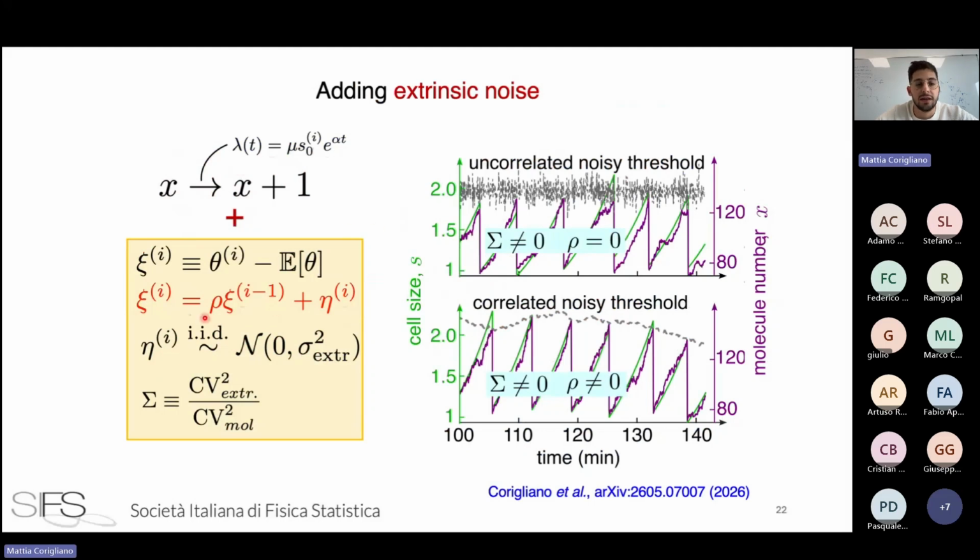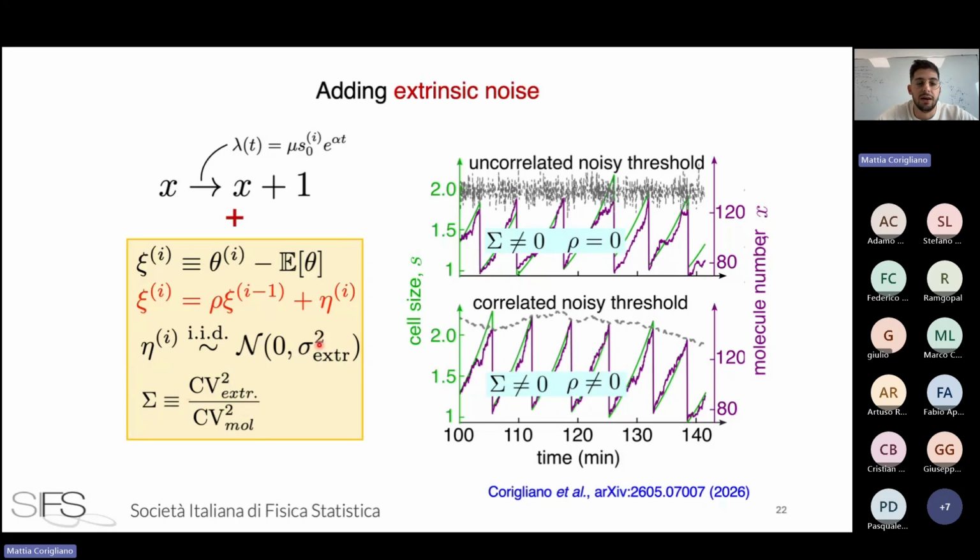So you see that you have basically two dimensionless parameters describing the different regimes in which you can operate. You have this parameter rho that quantifies the strength of memory between differences in threshold fluctuations between different cycles.